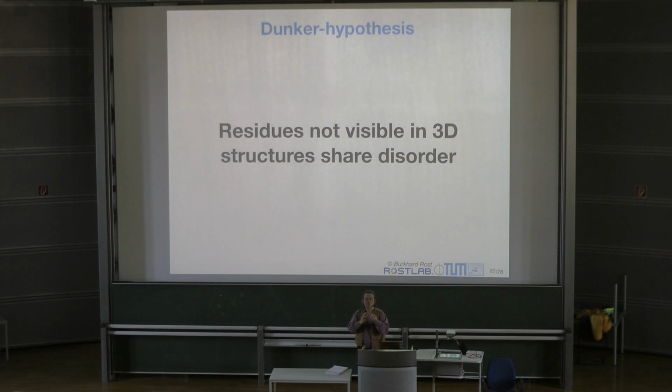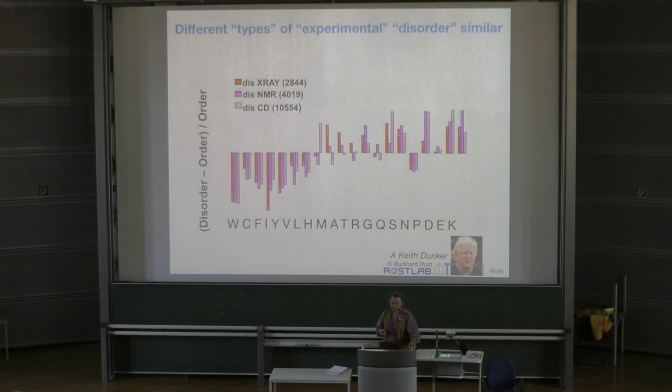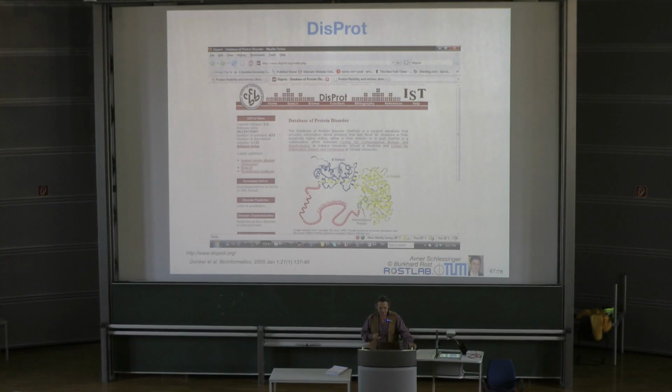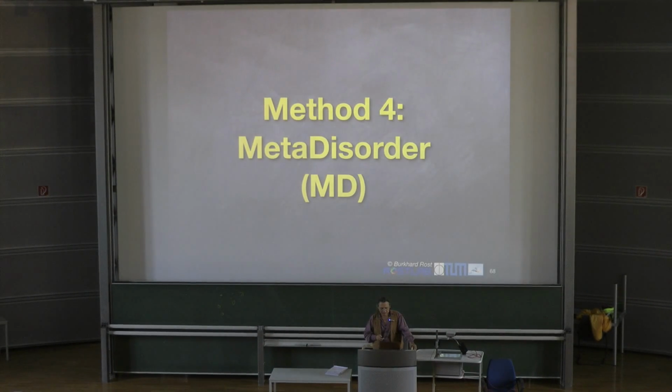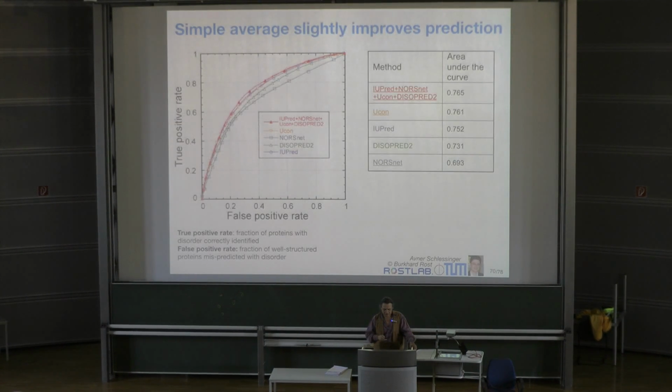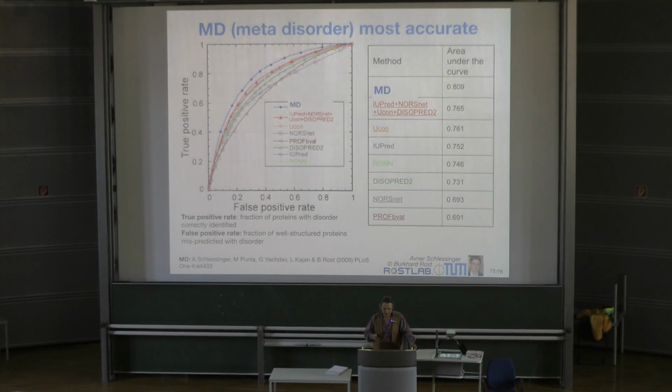Very flexible regions, you don't always see the same thing. So you don't get a consistent signal. Therefore the idea was to predict disorder based on that signal. Build a database. There are many methods that do that, and they get a certain performance.